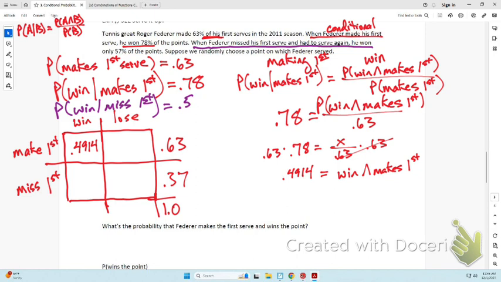That's a weird looking 5. Let me try again. There we go. All right, I have a similar situation.